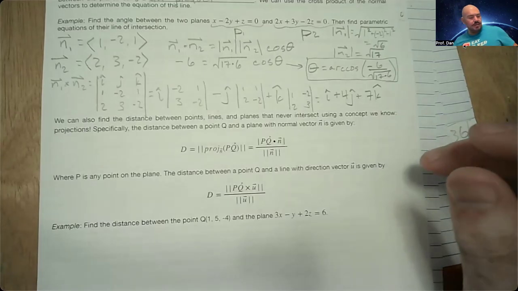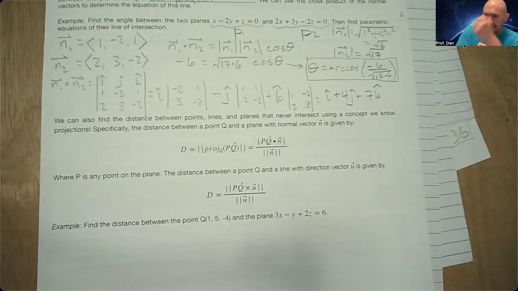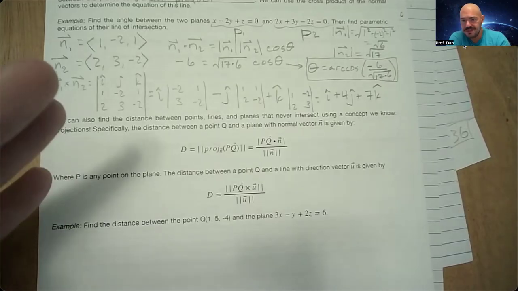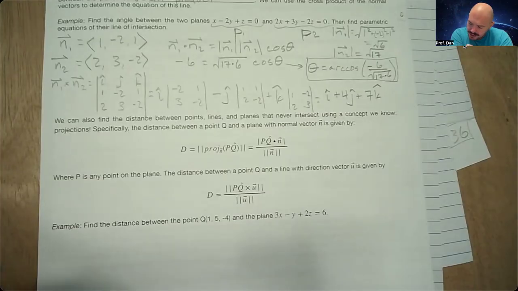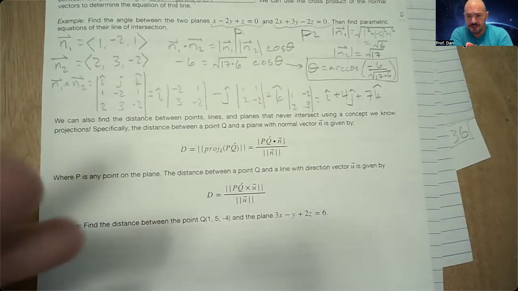All right. And then the last type of application that we'll look at today has to do with finding the distance between various three-dimensional entities that don't cross. So for example, we could use this to find the distance between a point and a plane that don't intersect, right?